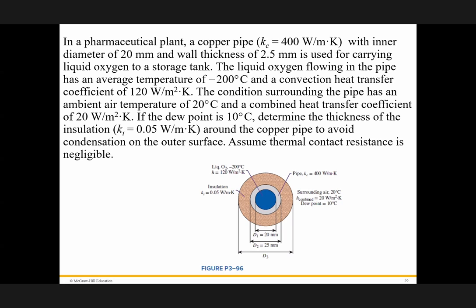We add the resistance from the pipe and the insulation, but the insulation is unknown, so that we don't attain minus 10 degrees from the minus 200. Write down the equation to see what is given to you and what is unknown.